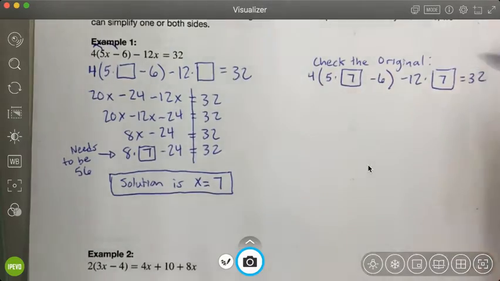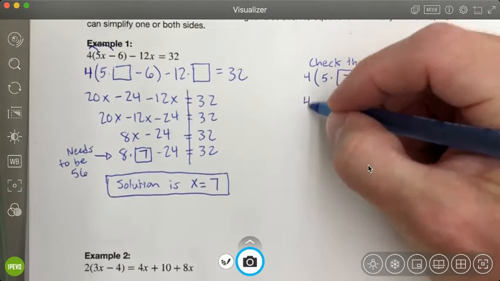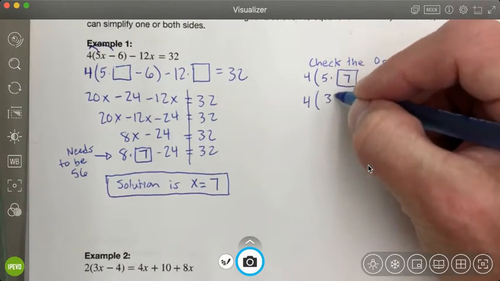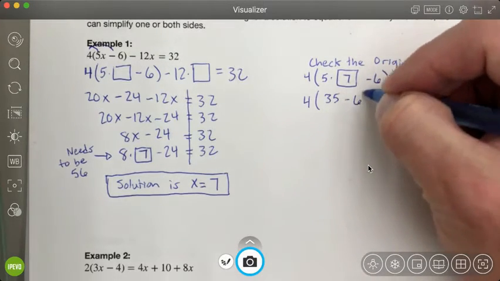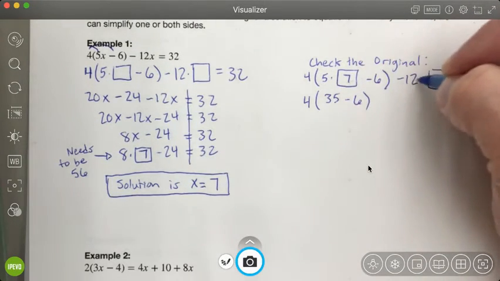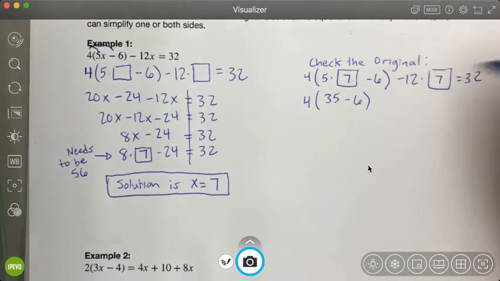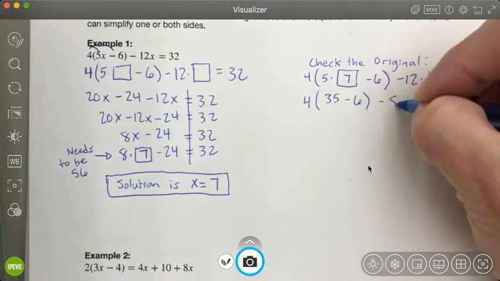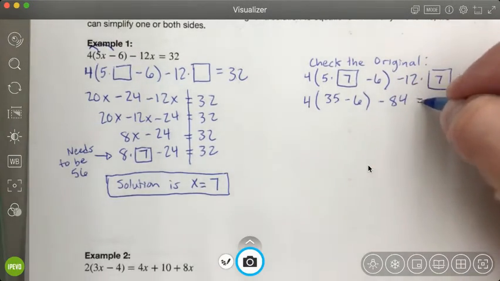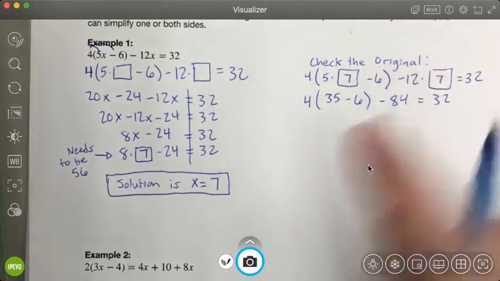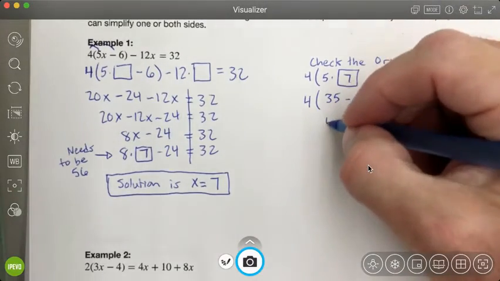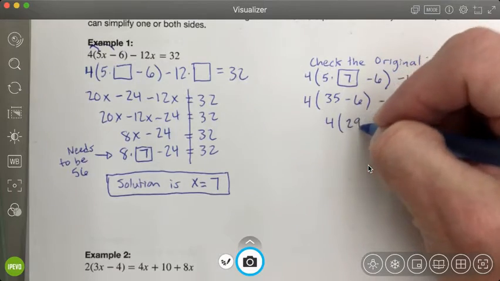So inside parentheses, I'm going to start there. 5 times 7, that's 35, minus 6. And then I have this negative 12 times 7, which is going to be minus 84. This will be 29.